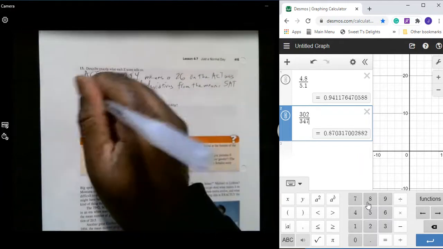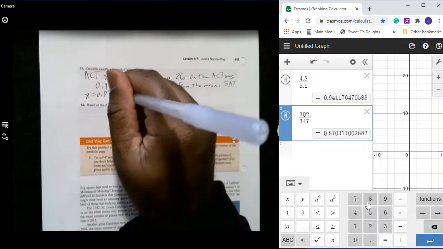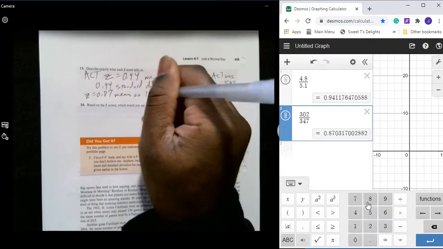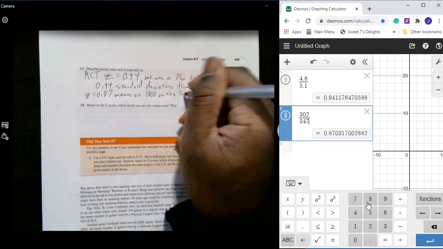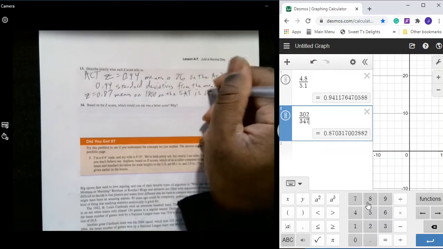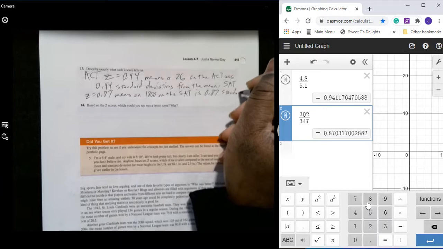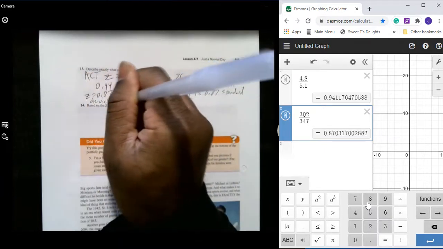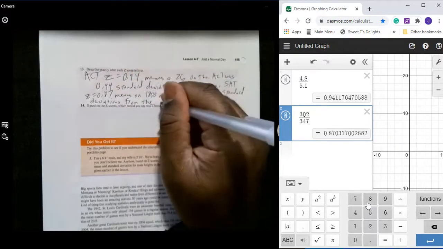SAT z equals 0.87 means an 1800 on the SAT is 0.87 standard deviations from the mean.